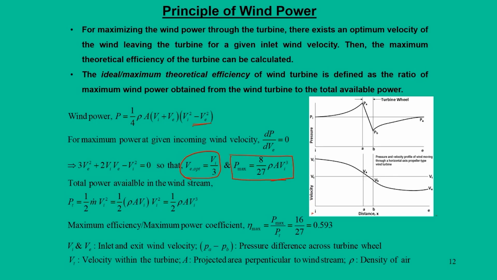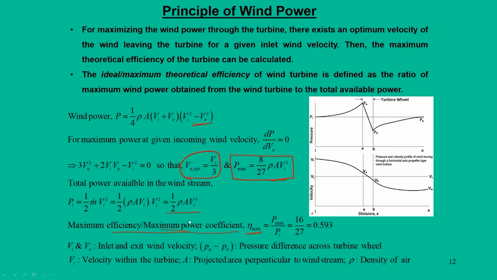Let us find out the total power available in the wind. That is nothing but ½ m dot Vi², and this turns out to be ½ρAVi³. If you take the ratio between these two terms, we call it the maximum efficiency of the turbine or maximum power coefficient, eta max, which is P max by Pt.